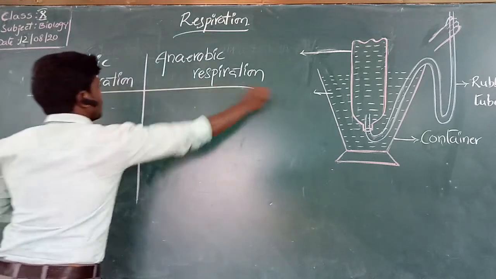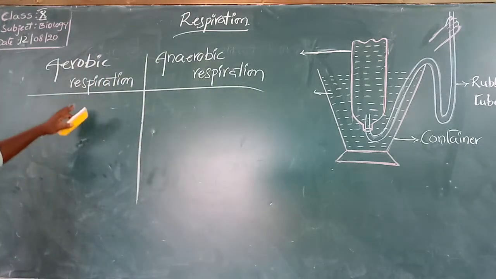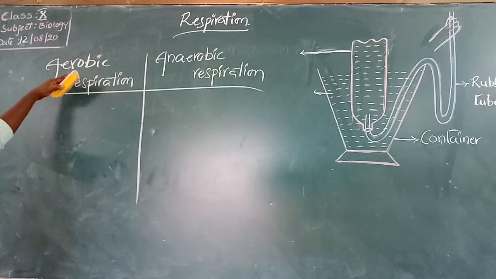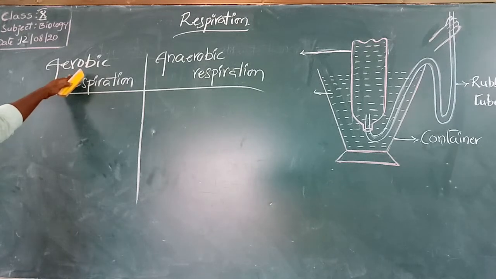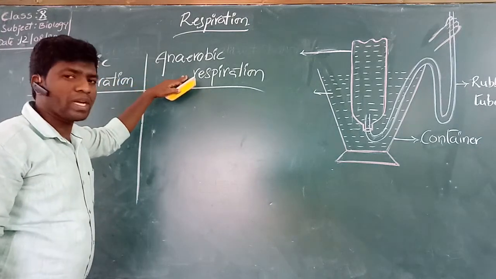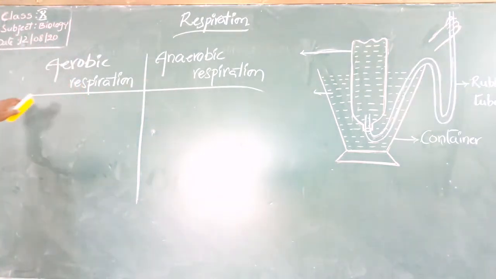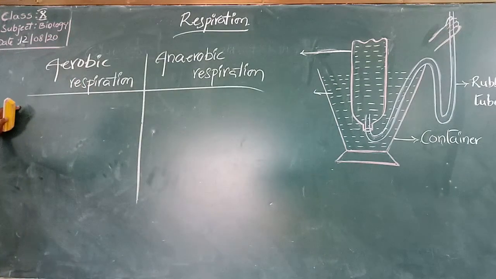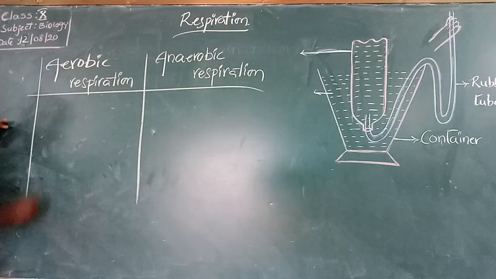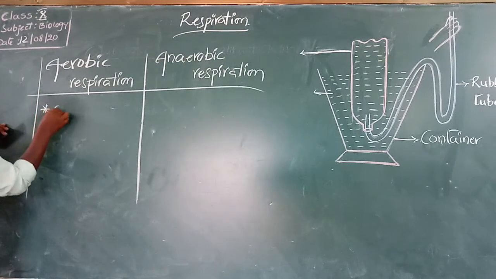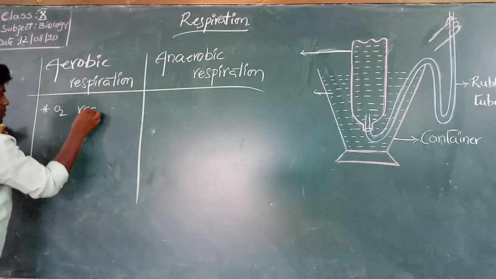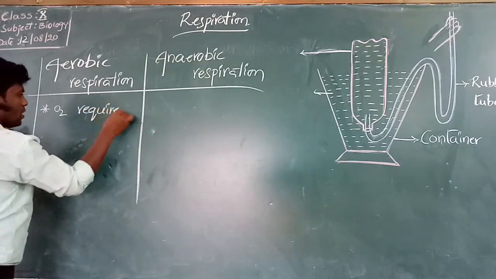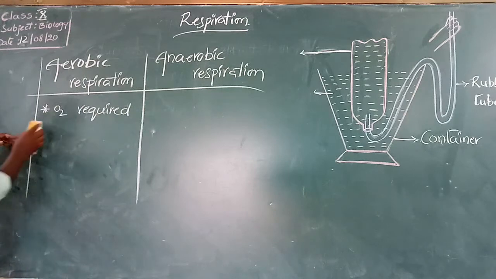In the presence of oxygen, aerobic respiration takes place. In the absence of oxygen, anaerobic respiration takes place. In aerobic respiration, O2 is required.